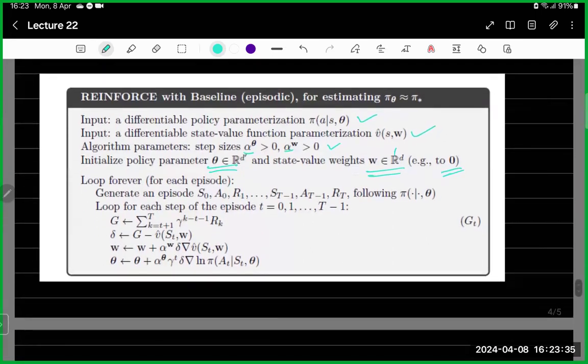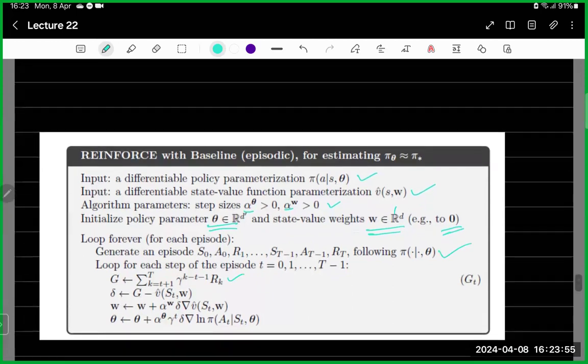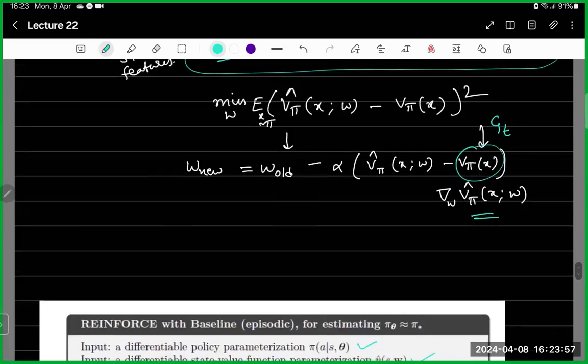Then with your current policy parameter, you just generate one episode. From that episode, you calculate GT for every t. Then what is our update rule for this? They're calling this delta.